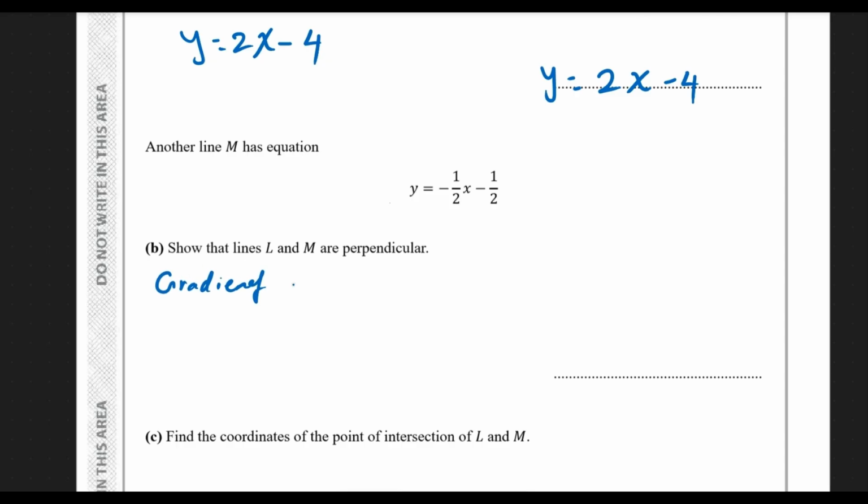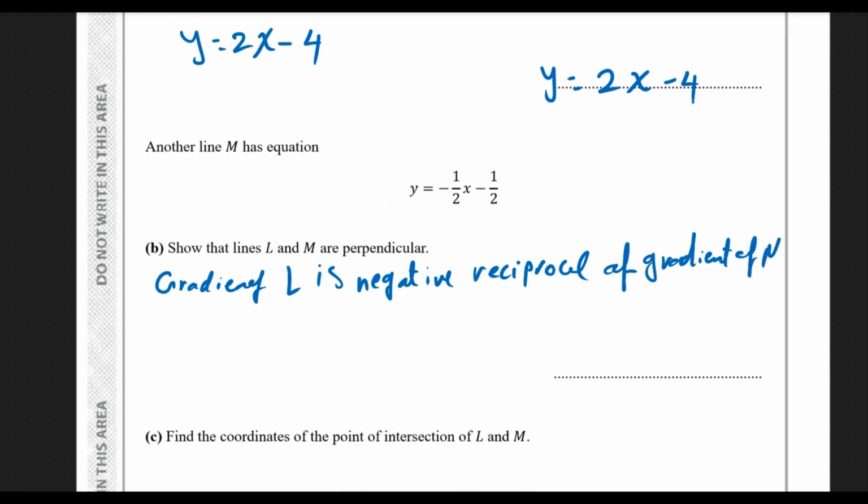So we can see here the gradient of L is the negative reciprocal of the gradient of M. We know the gradient that we got for equation L was 2. This one is minus half.